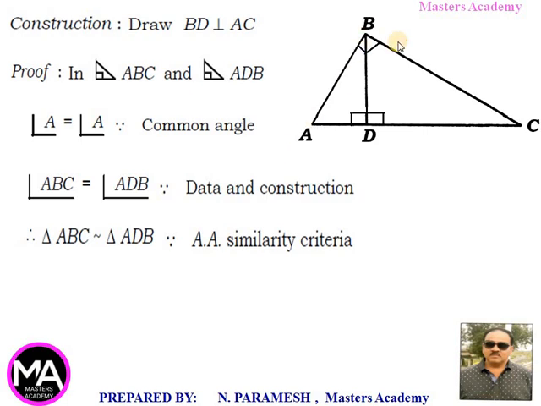Therefore, triangle ABC is similar to triangle ADB, by similarity criteria. Therefore, AB divided by AD is equal to AC divided by AB. Cross multiplication: AB square is equal to AC into AD. Call this as equation 1.